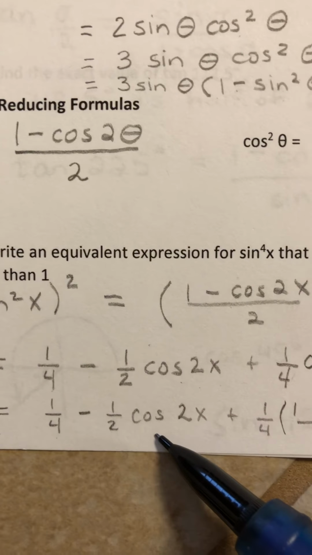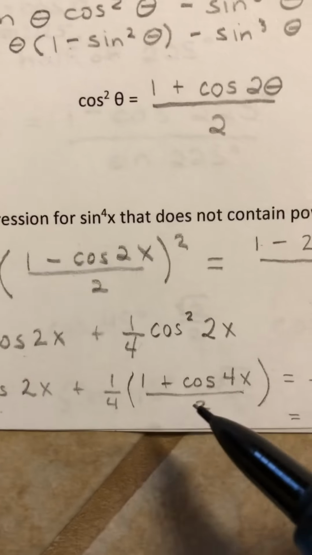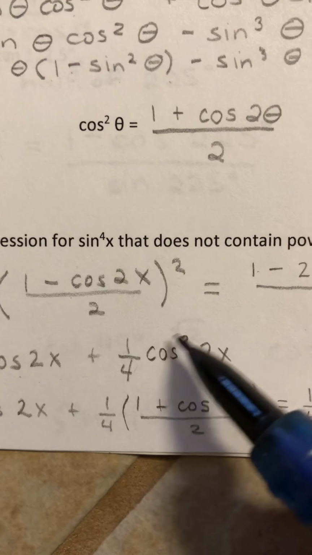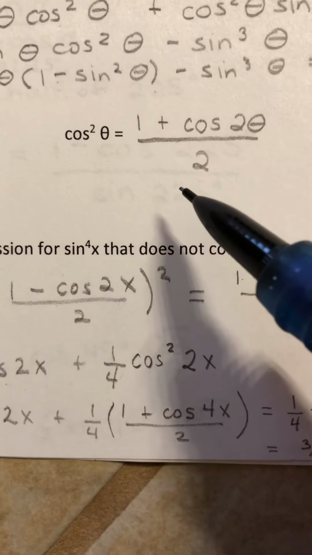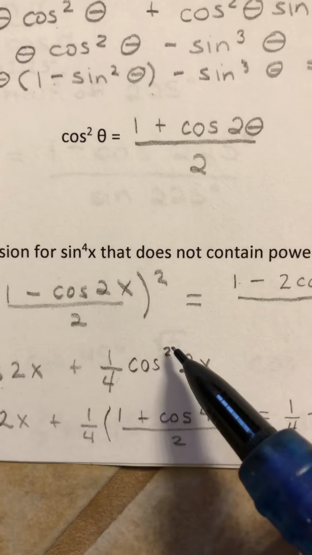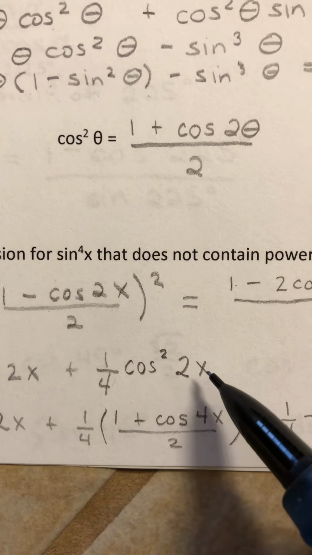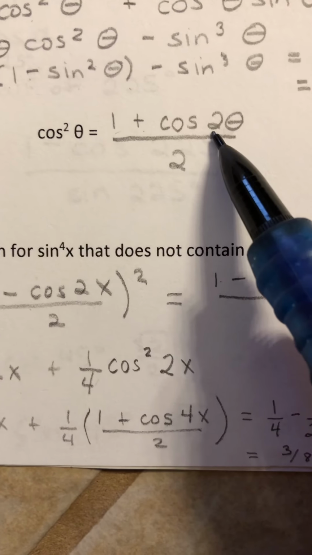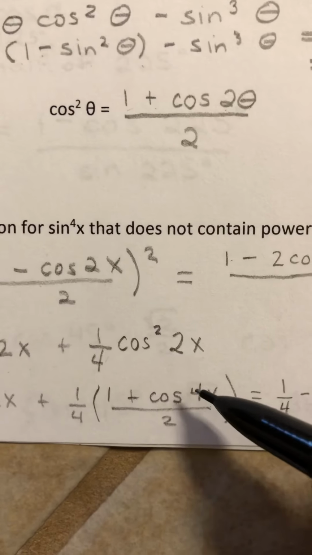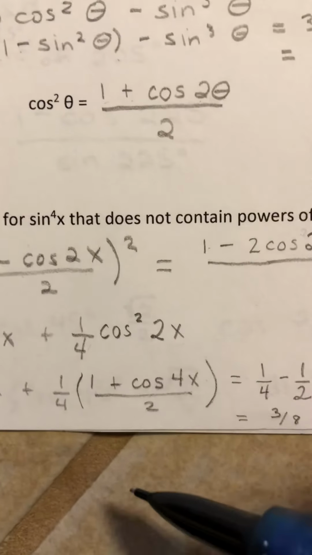These two terms I'm going to rewrite for right now, but this, I'm going to use this formula to rewrite it. So instead of cosine squared 2x, I'm going to do 1 plus cosine of 2 times 2x, which is how I'm getting 4x over 2.